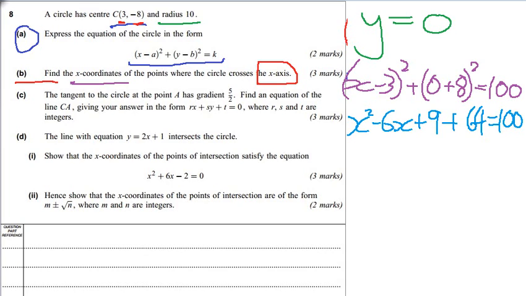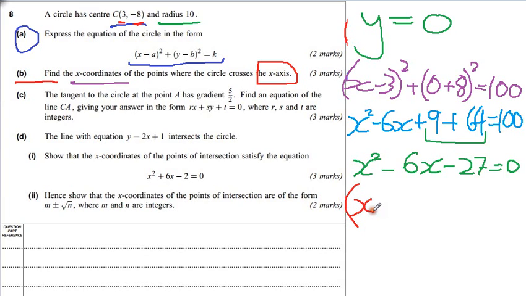Let's take away 100 from both sides and put this 9 and 64 together. And I think what we get, yes, we get x squared minus 6x minus 27 equals 0. Standard quadratic.